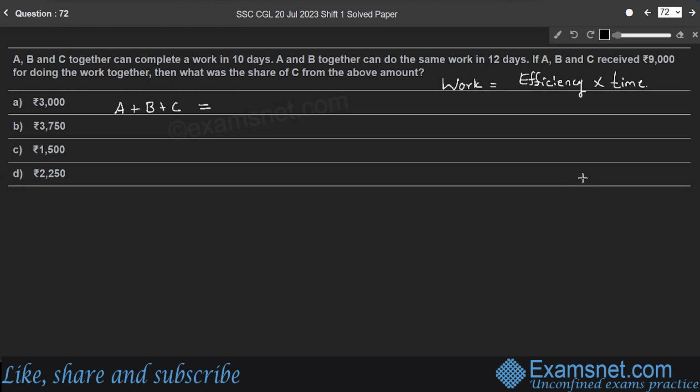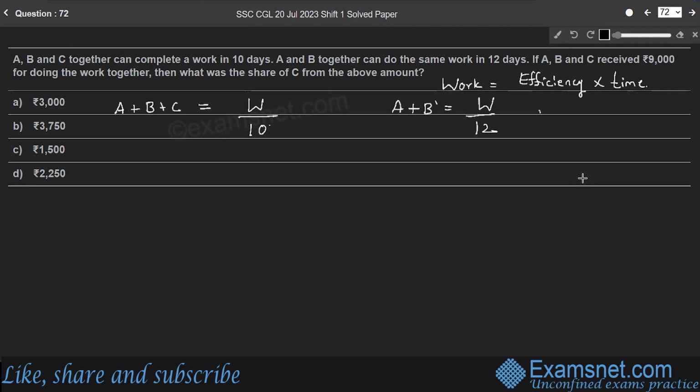Therefore, A plus B plus C, their one day work or efficiency is total work by 10 days, right? Whereas A and B together complete the same work in 12 days. Therefore, their efficiency or work per unit time is total work by 12, right?